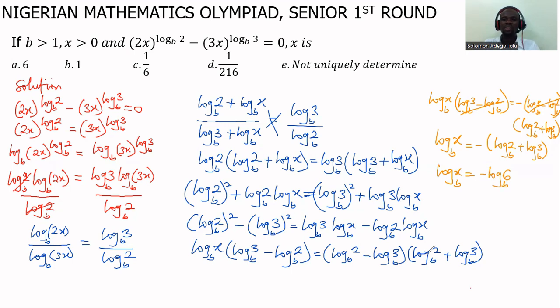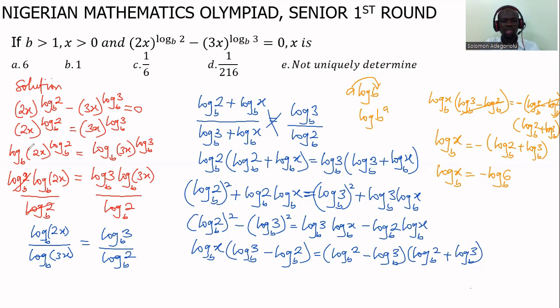Also take note that when you have something like a log b, this a can come to the front to become the power, giving log b raised to the power of a. We're going to apply that here.